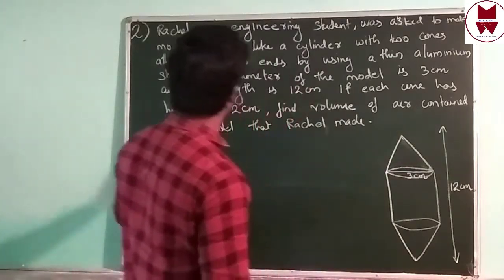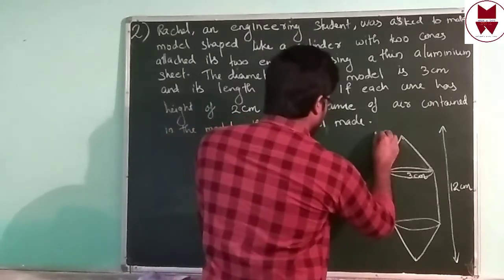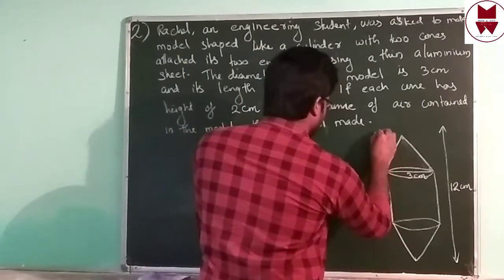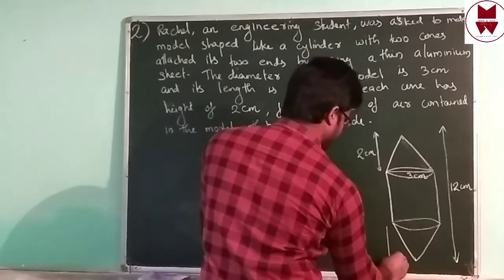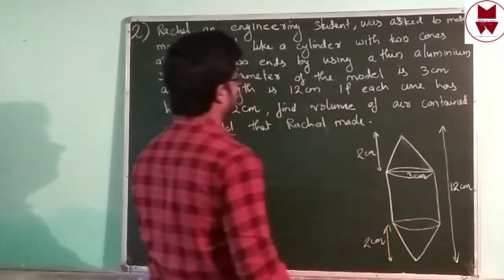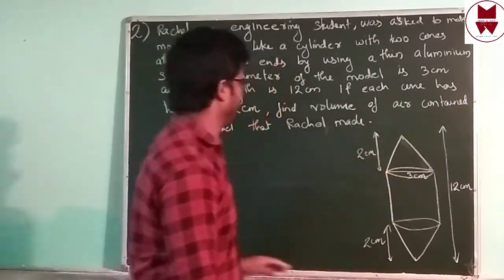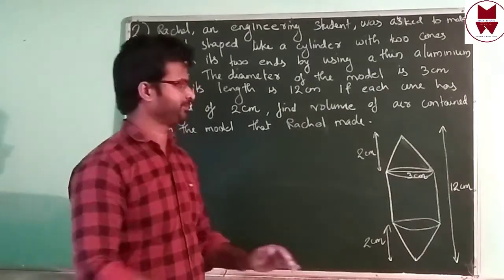If each cone has a height of 2 centimeter, the height of each cone is 2 centimeter, on this side 2 centimeter, and here also 2 centimeter. Find the volume of air contained in the model that Rachel made.